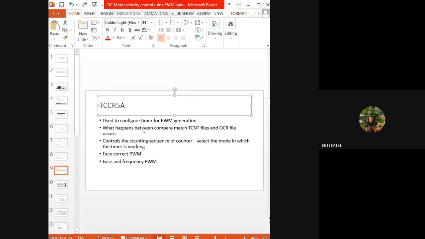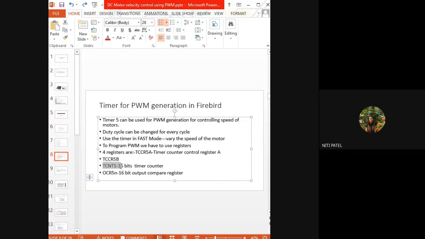What happens between the compare match, TCNT5 and OCR5 occurs, which means what? ये जो दो register है ना, timer counter and compare register, along with this register A, I am going to use these two registers also, because if I don't use these registers, I will not have this PWM generation properly.